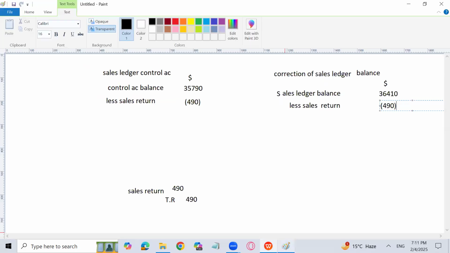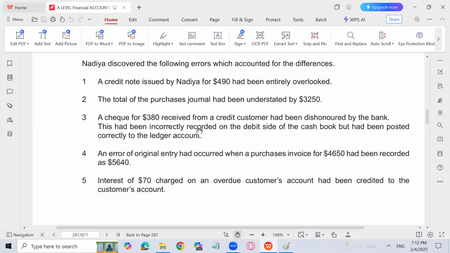Because we are not preparing the purchase ledger control account. We are not correcting the purchase ledger balance. So this entry deals with the purchases. We are currently dealing with the sales ledger control account and sales ledger balance. So we are least bothered about the second entry. Yes, it will be taken into account, but when we correct the purchase ledger control account and purchase ledger balance.